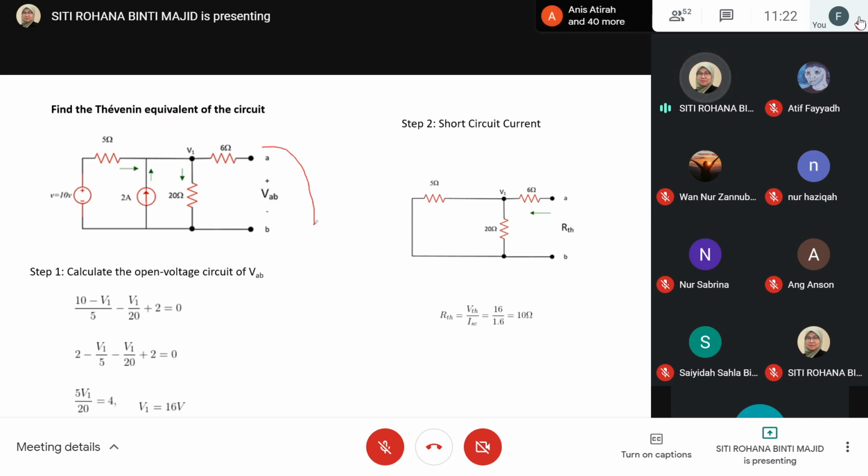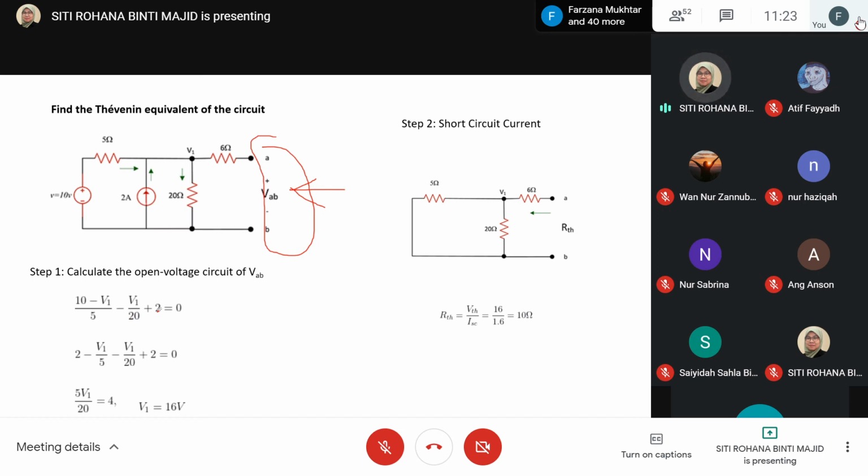This is the reference terminal, which is between A and B here. As the first step, we start by calculating the open circuit voltage of A, B. So you have to look at it from this part. You can use node analysis or mesh analysis, depending on your preference.